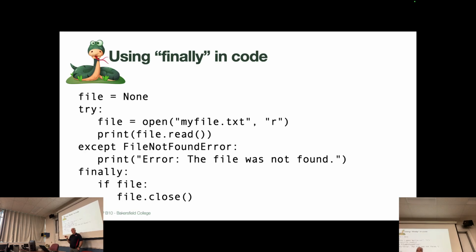All that means is if that file exists, if that file object is in fact set, then close it. But it makes sure that no matter what, that file gets closed at the end, which is really, really important because, again, you could end up with corruption in the file if that doesn't work for whatever reason.